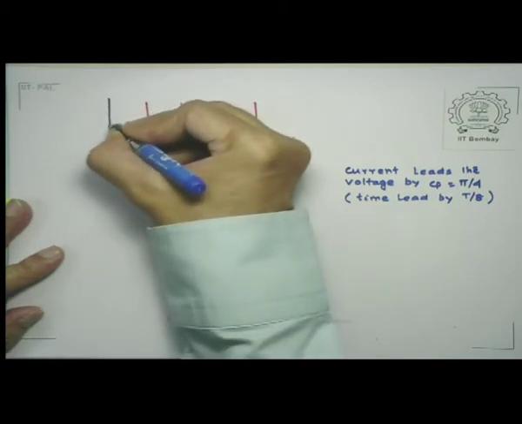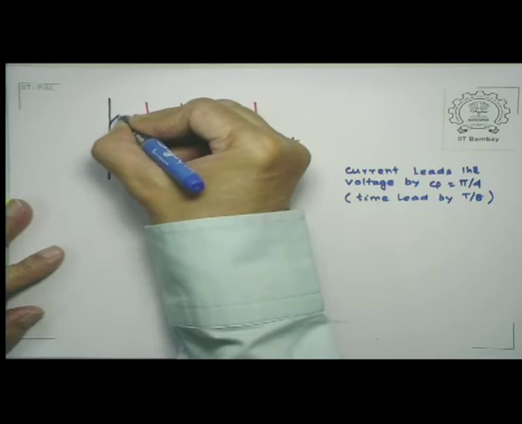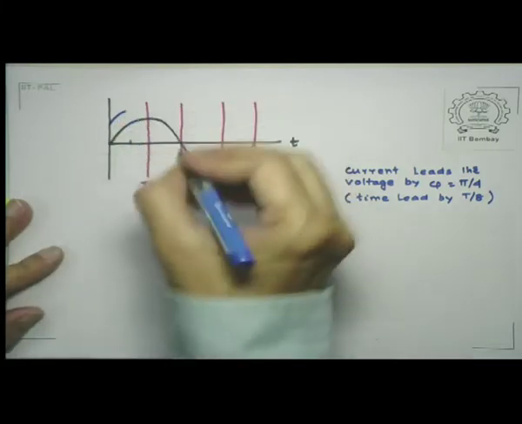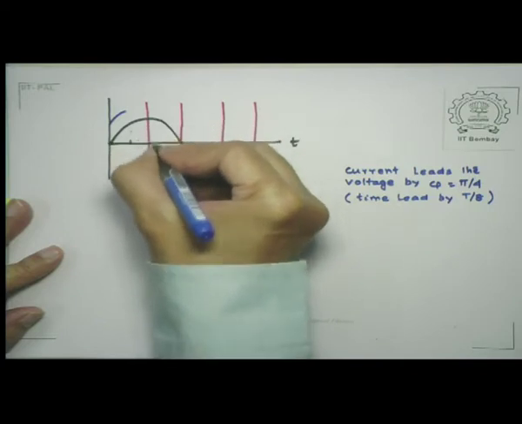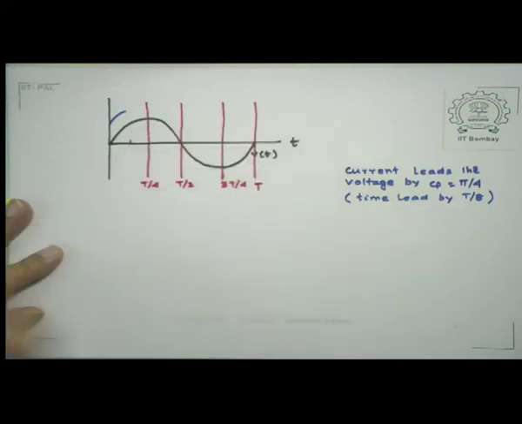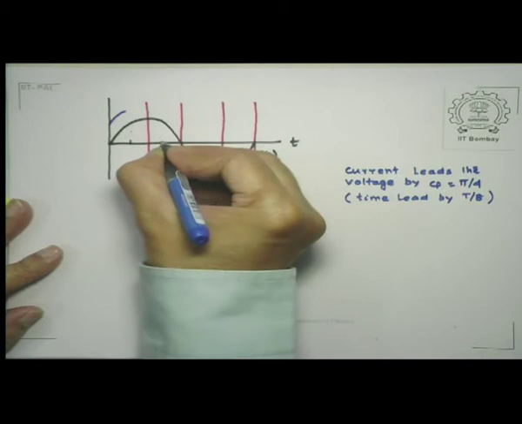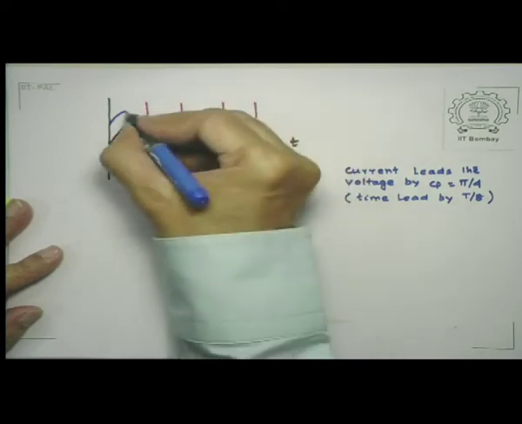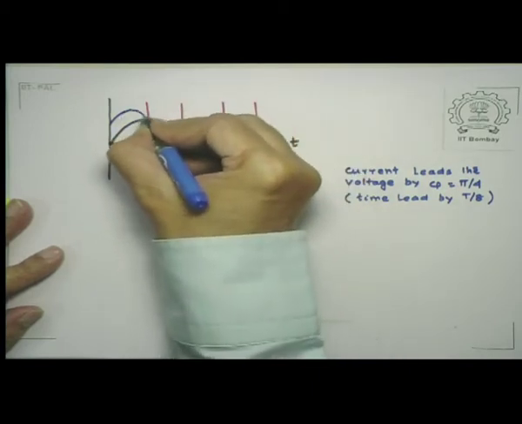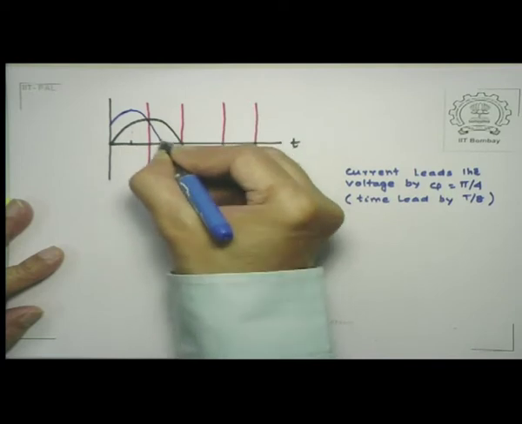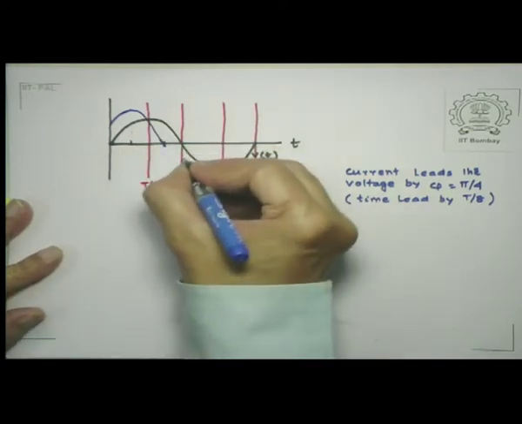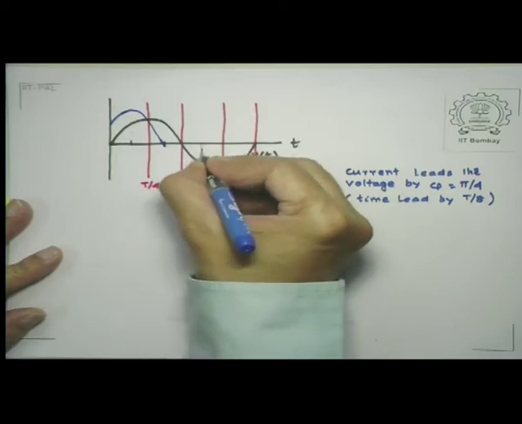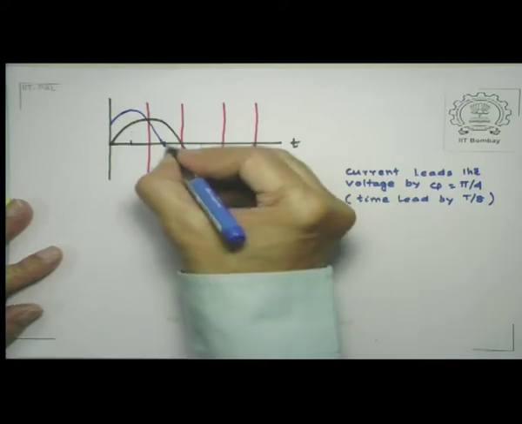So the current is probably something like this, and it will also naturally not quite become 0 when the voltage is maximum, but you will have to wait for another T by 8 time. So this is the way the current would go, and another T by 8 later it will become maximum.